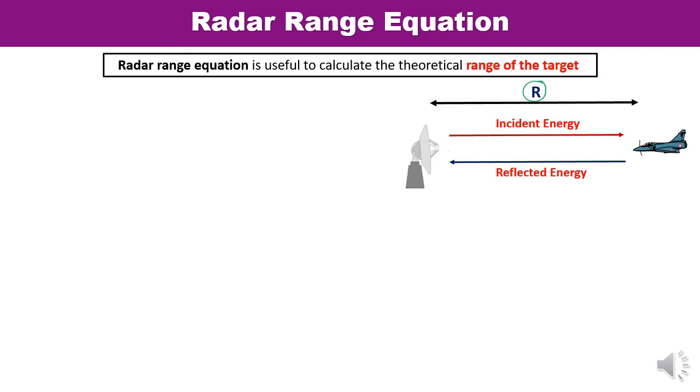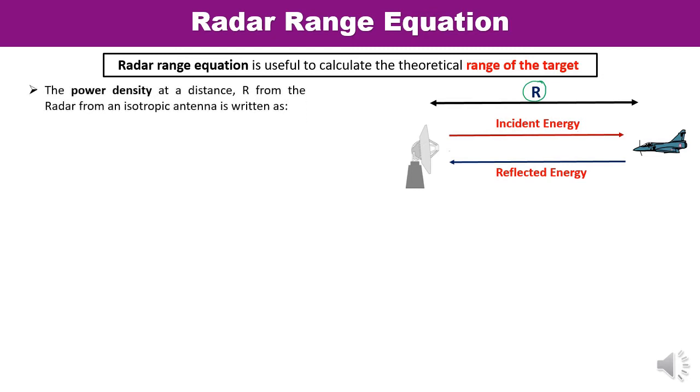To start with, let us assume that the transmitting antenna is omnidirectional. An omnidirectional antenna is one which radiates uniformly in all directions.